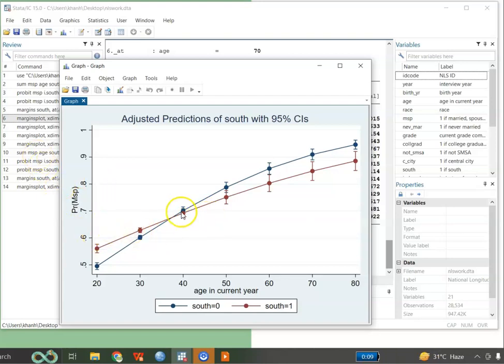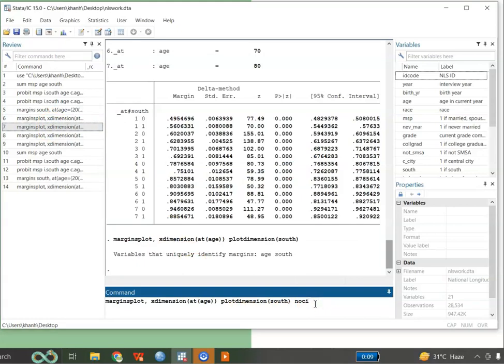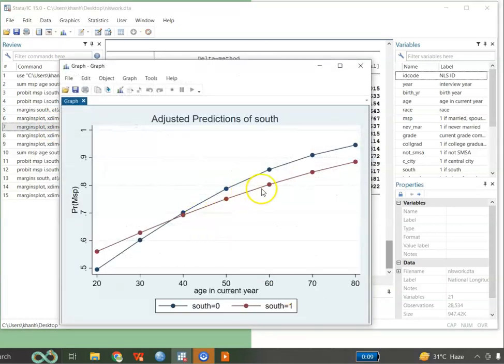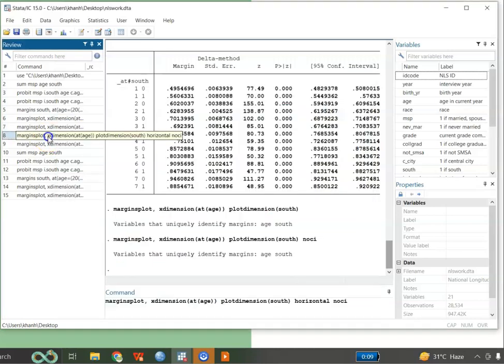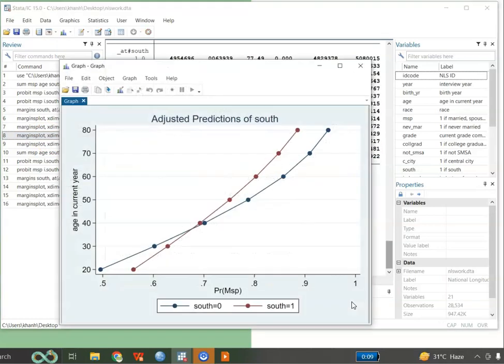Now I want to remove this confidence interval, so I will give this command: noci means no confidence interval. So now the diagram is looking beautiful, with no confidence interval in it. After that I can also swap the y-axis and the x-axis, and now age is along the y-axis and the predicted probabilities of being married and living with spouse are measured along the horizontal axis.